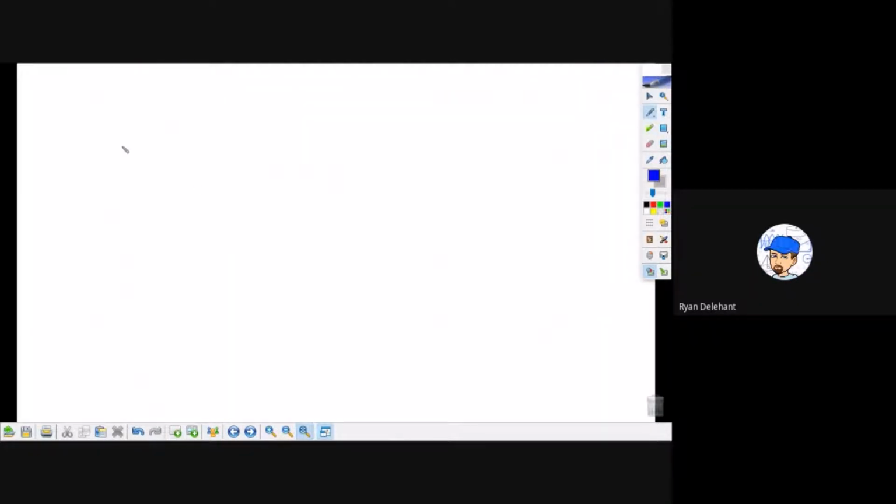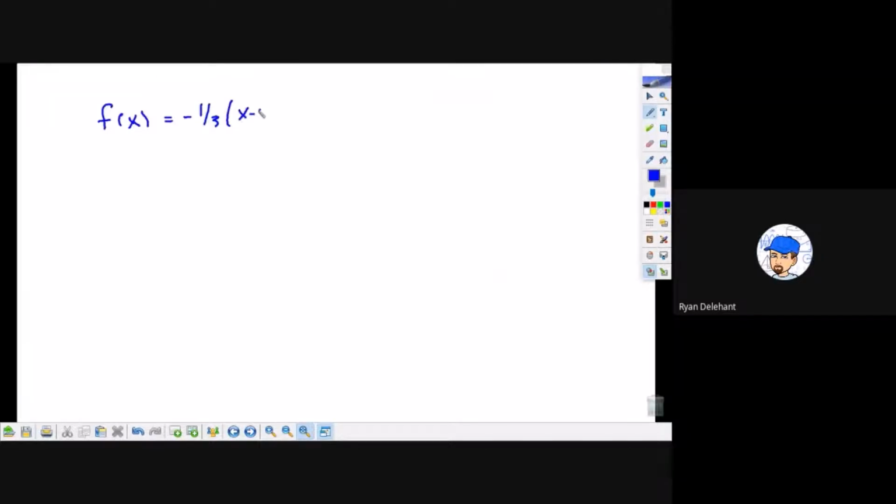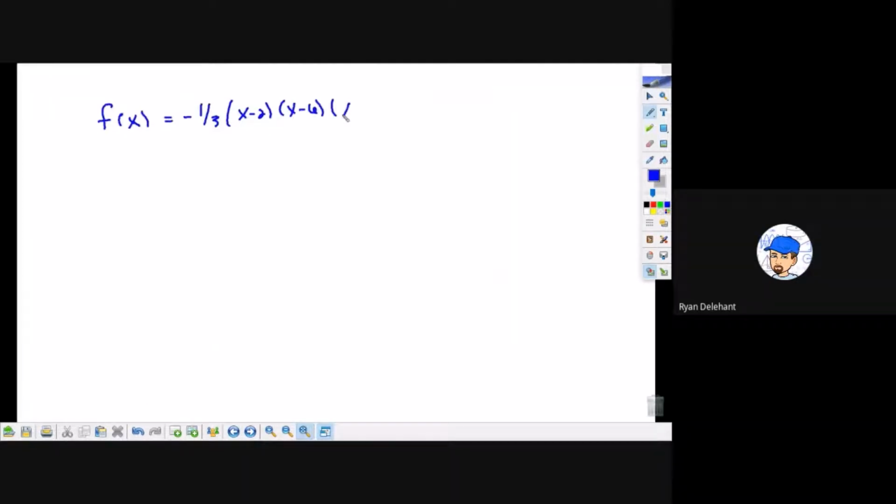So we figured out the factored form for this was f of x is negative 1/3 x minus 2, x minus 6, x minus 3i, x plus 3i. And remember, this is factored form because we can see all of the roots and zeros and factors in it.